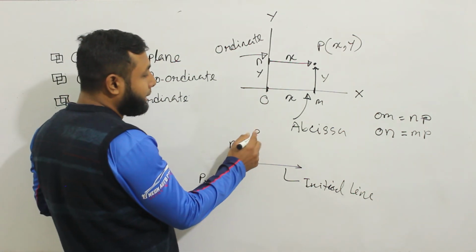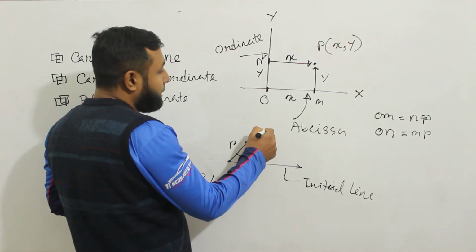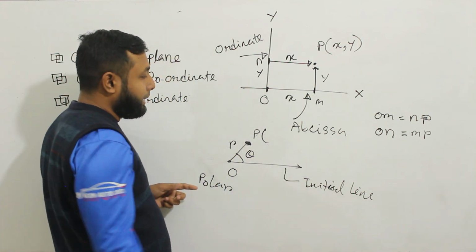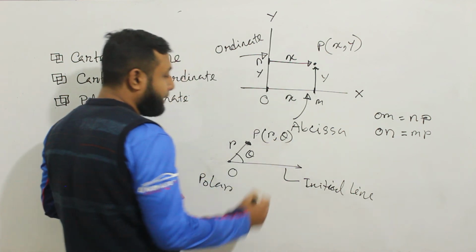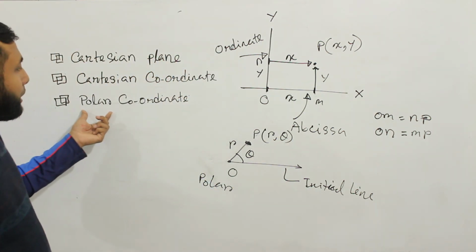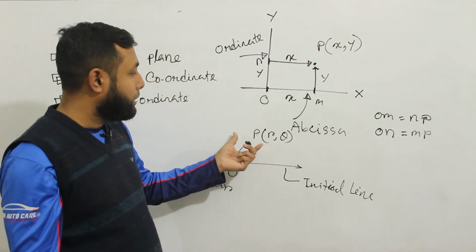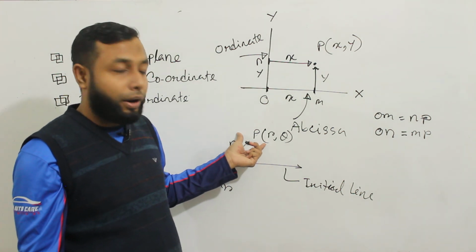We may calculate the position of that point P by simply writing (R, theta), and that will be the polar coordinate of the point P.